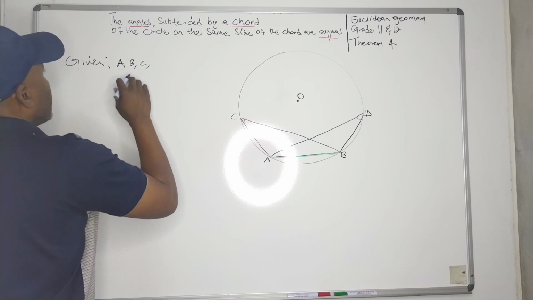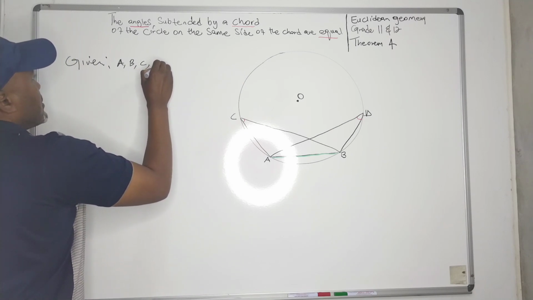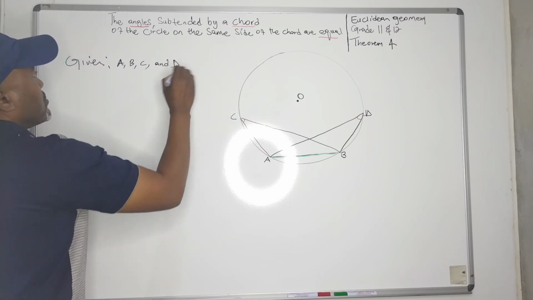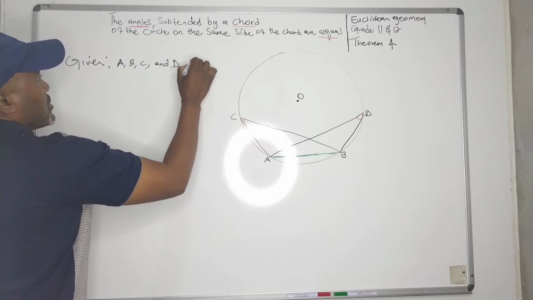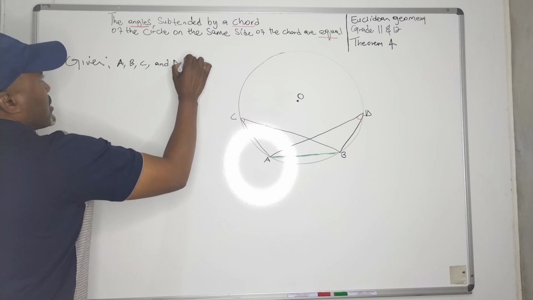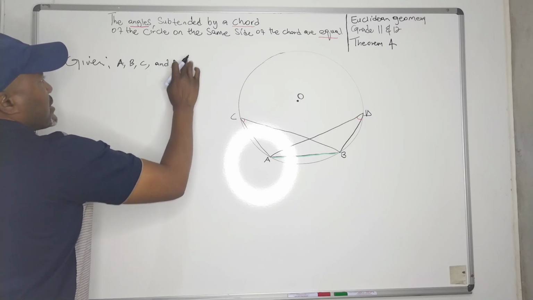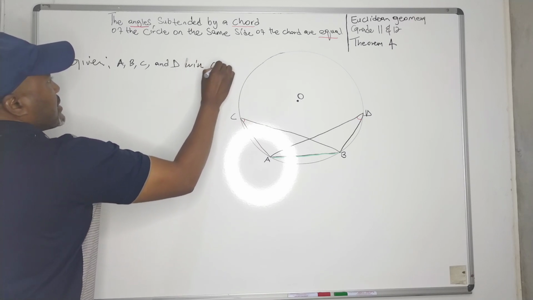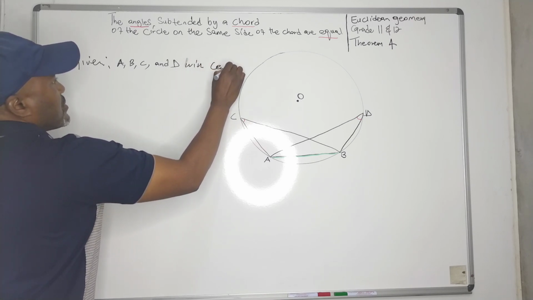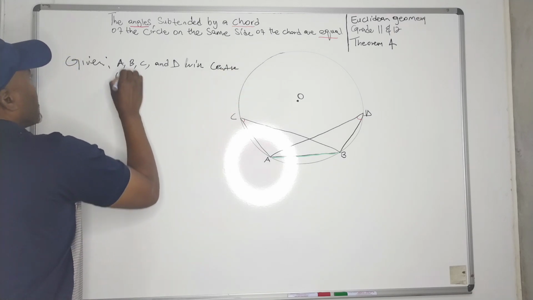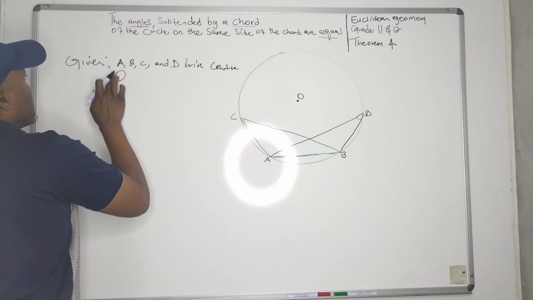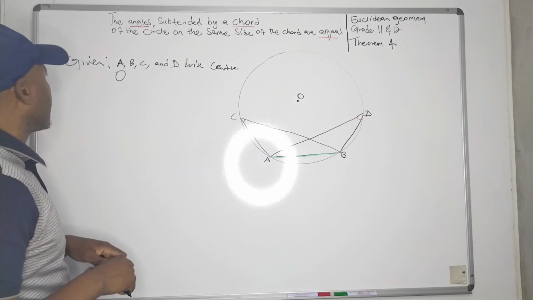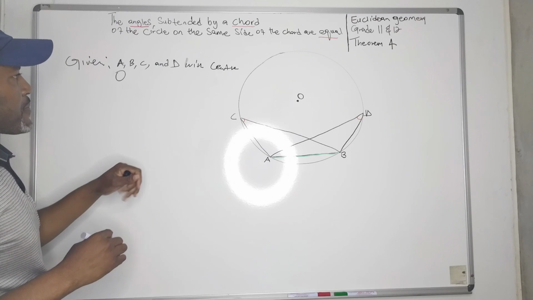We are given A, B, C, and D. They lie on the circle with center O. You can simply put it in that fashion, it's okay, right?